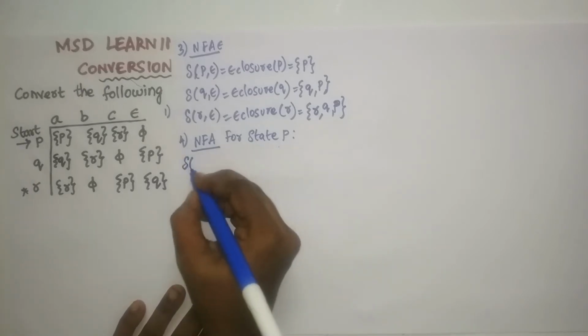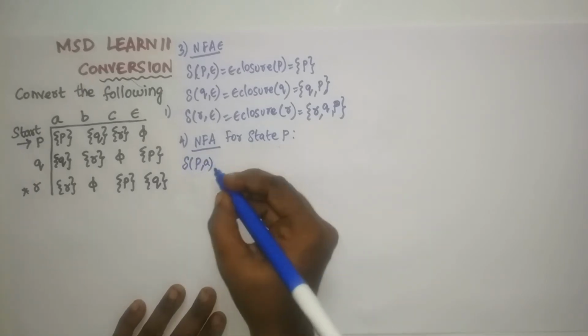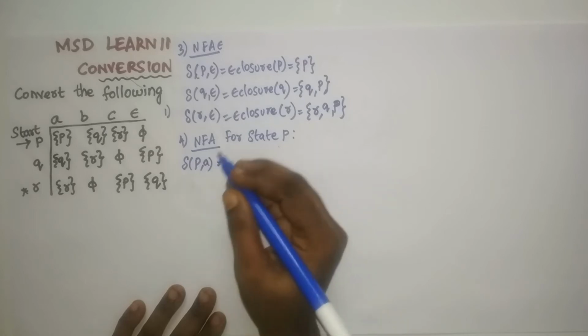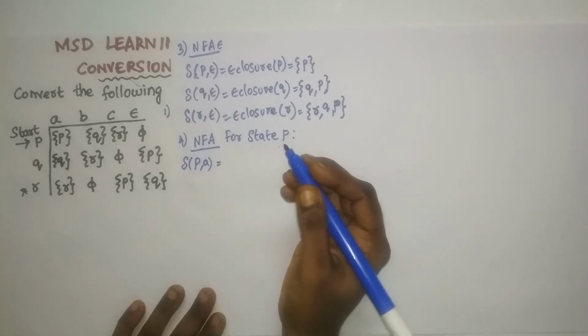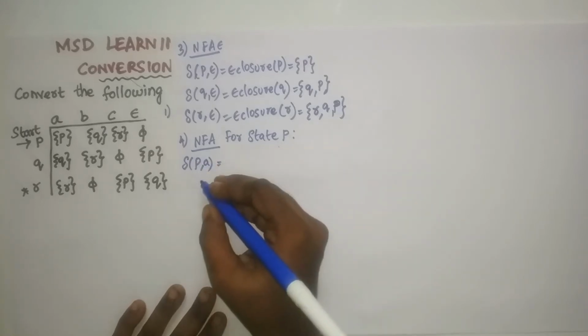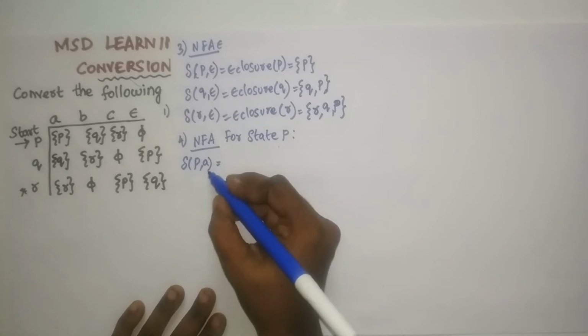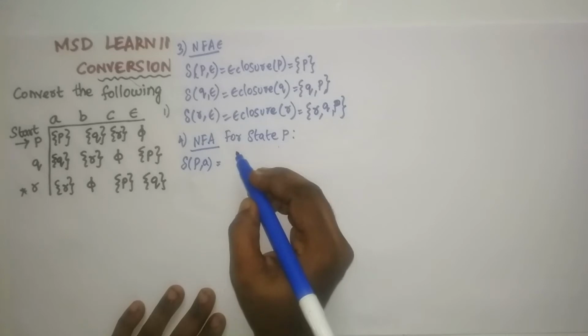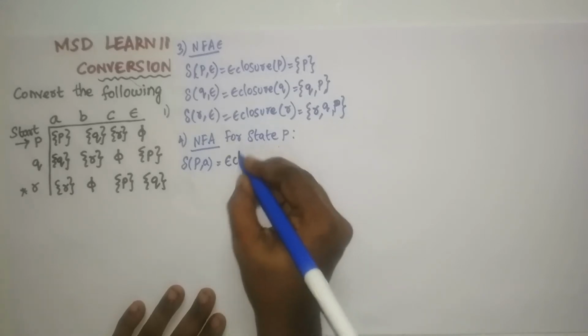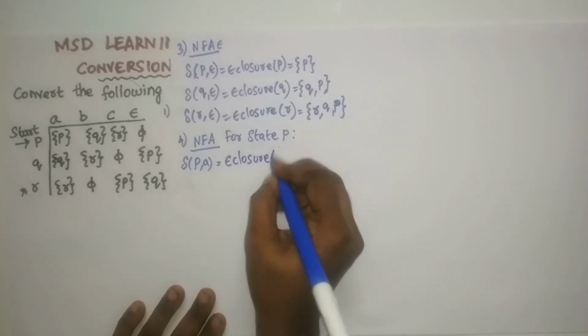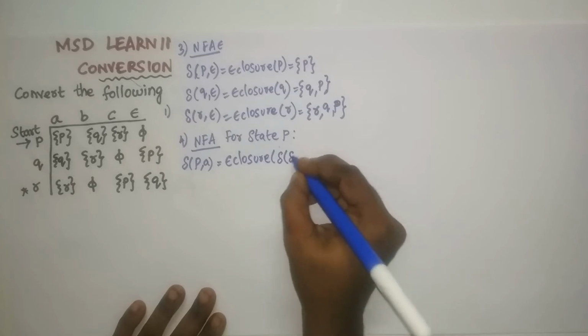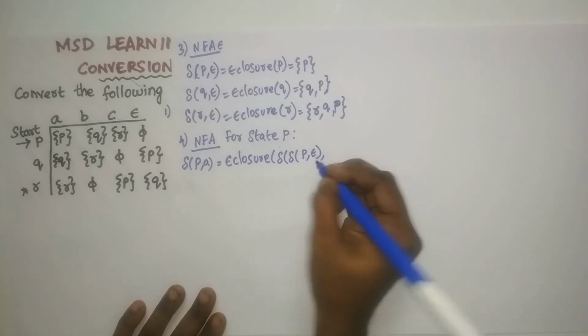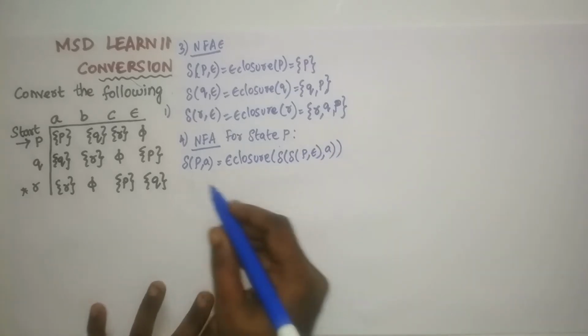So we are going to find the transition for P comma A. It is δ of P comma A. This has to be split, and we need to apply epsilon closure while finding the transition for the input symbol A for P, because we are going to create an NFA machine. So this will be epsilon closure of δ of P comma epsilon comma A. I am splitting the transition.